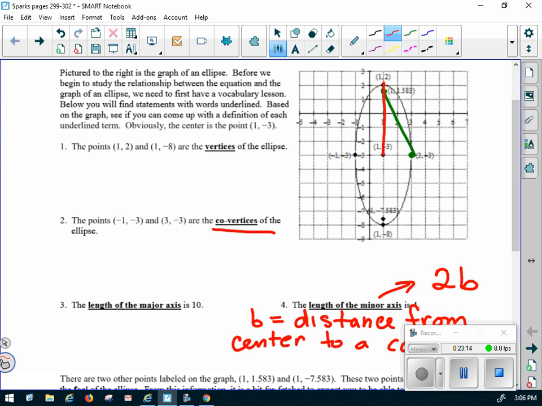This distance is A, right? What's this distance? That's B, isn't it? Now, hang on a minute.